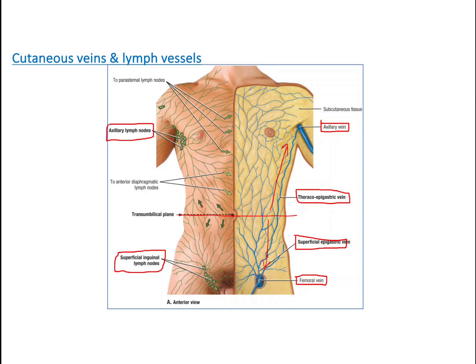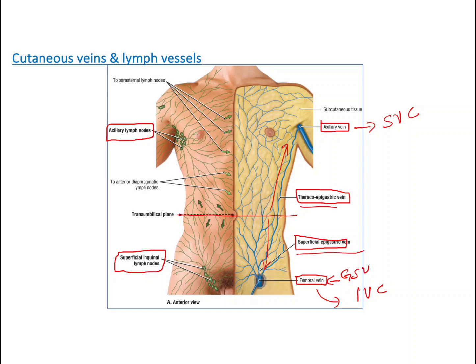Above the umbilicus we have the thoracoepigastric vein, which drains into the axillary vein, finally draining into the superior vena cava. Below the umbilicus we have the superficial epigastric vein, which drains into the great saphenous vein, then into the femoral vein, and finally into the inferior vena cava.